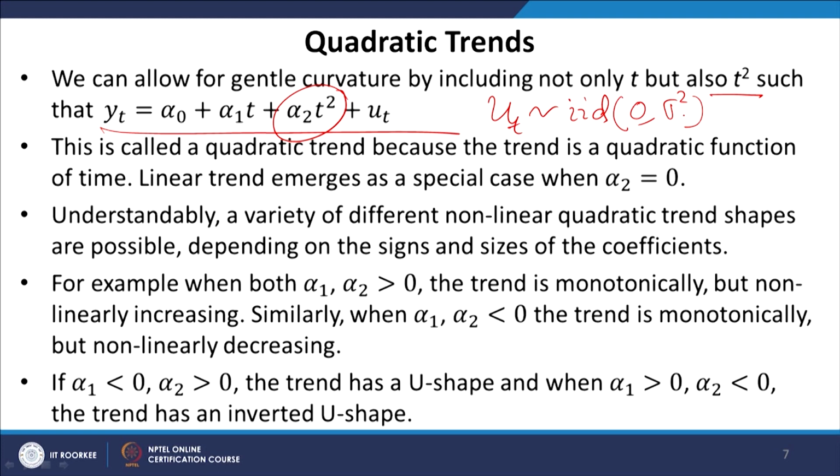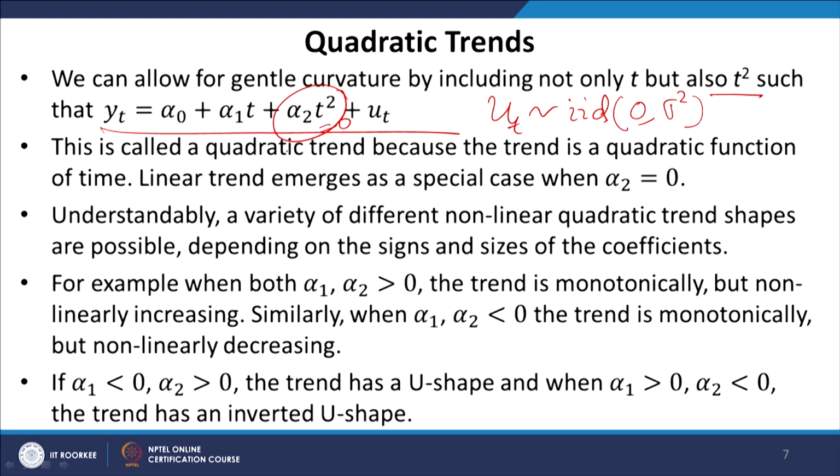This is called a quadratic trend because the trend is a quadratic function of time. A linear trend emerges as a special case when alpha 2 equals 0. So, if we set alpha 2 equal to 0, or if we find the quadratic trend to be insignificant, then of course it will be a linear trend.